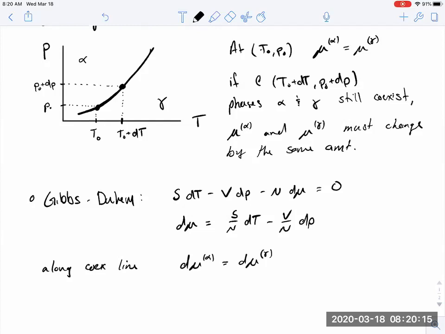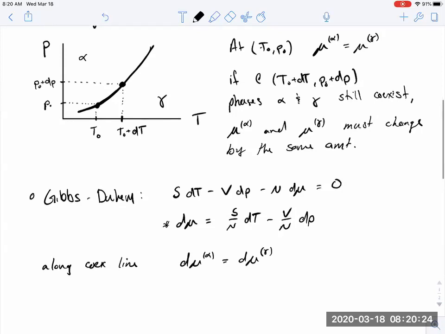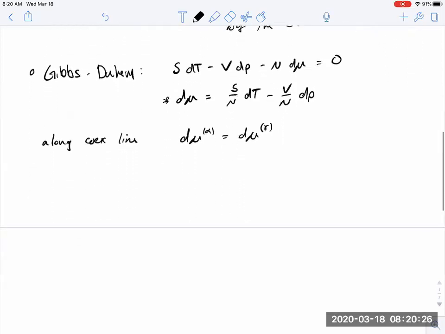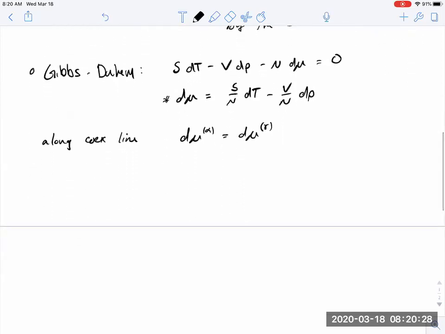And now we have explicit expressions for how those changes are imposed by changes in temperature and pressure from the Gibbs-Duhem equation. So substituting that in, on the left, we'll have the entropy per particle for phase alpha times changes in temperature, minus the volume per particle for phase alpha, changes in pressure.